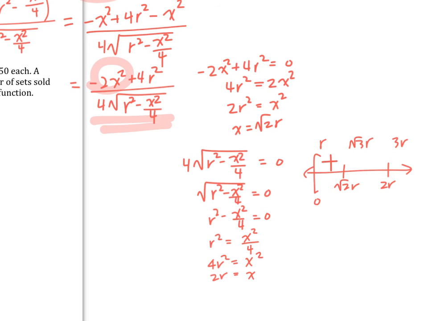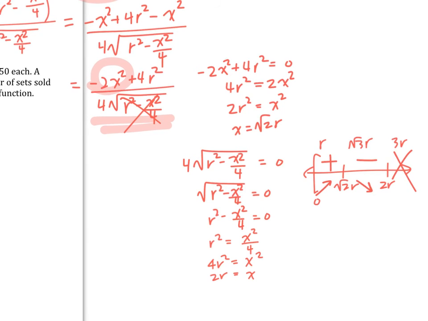Negative, yes. It will make the denominator imaginary, I think. Yeah, this won't even work. So this doesn't work. Okay, so positive, negative, so that has to be the maximum.